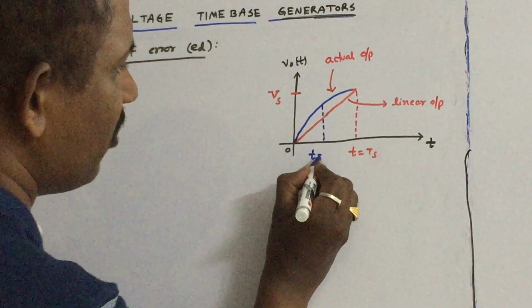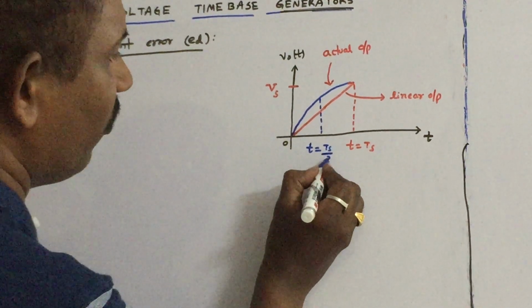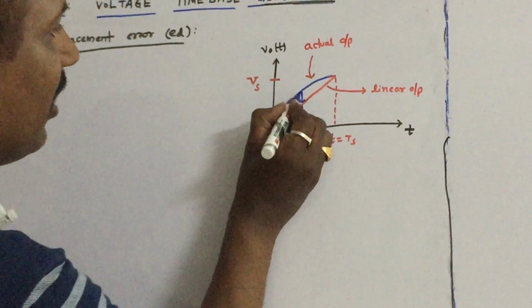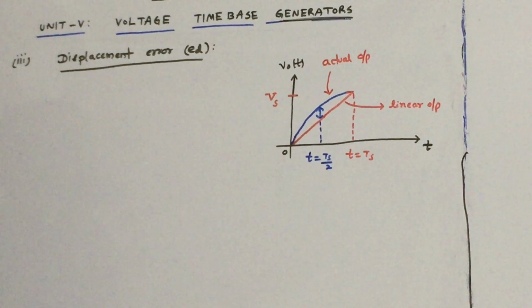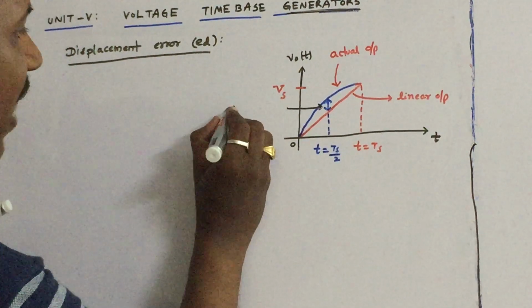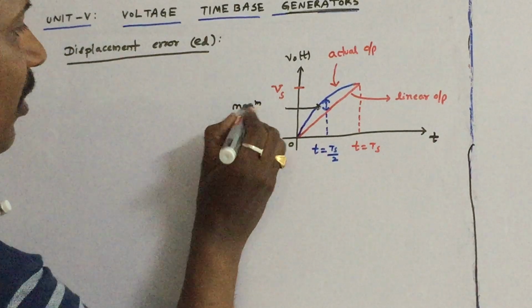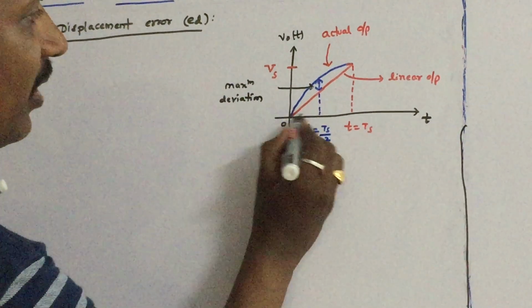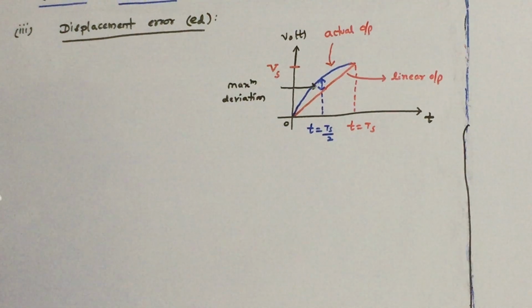You can clearly observe that from these graphs, this is the maximum deviation.